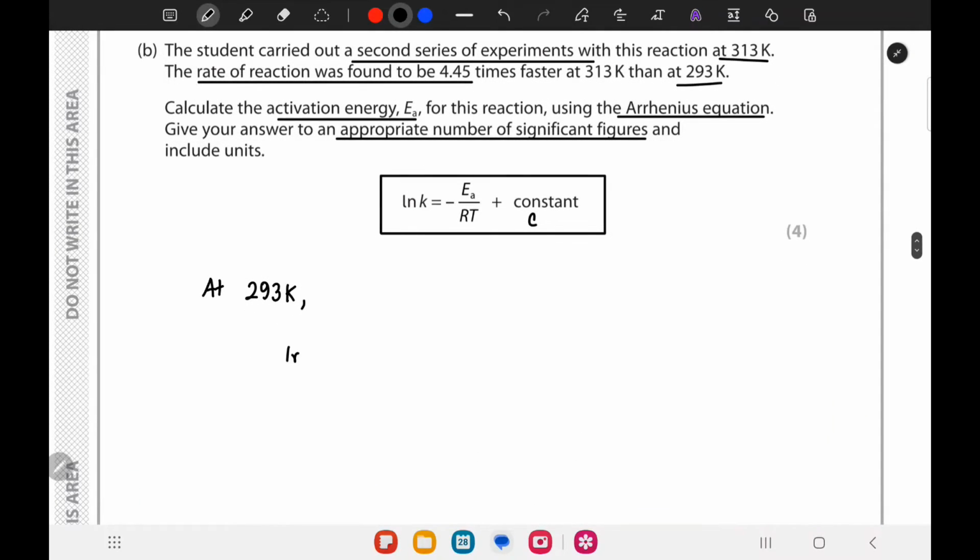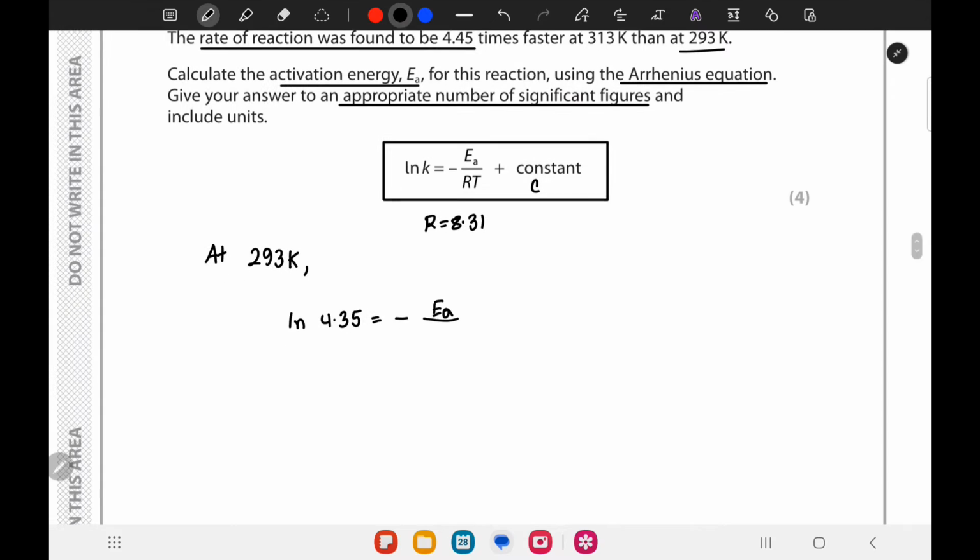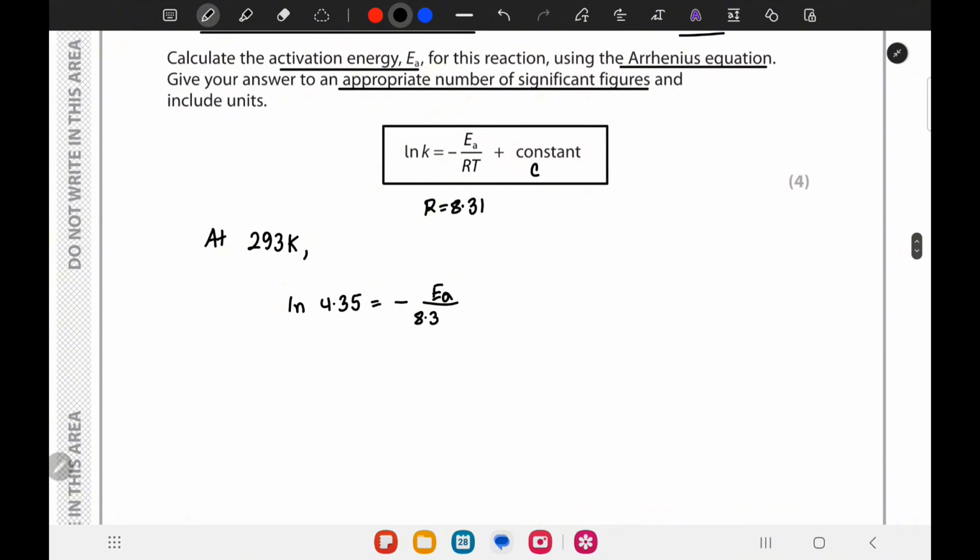So ln 4.35 is equal to minus activation energy divided by RT. The value of R is 8.31 and the temperature is 293 Kelvin. So 8.31 into 293 plus C.